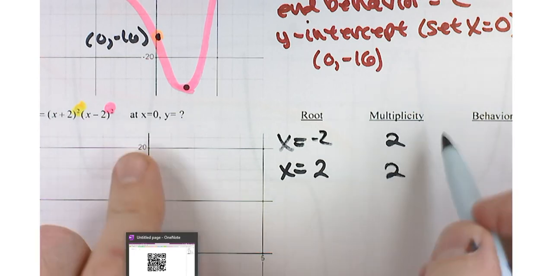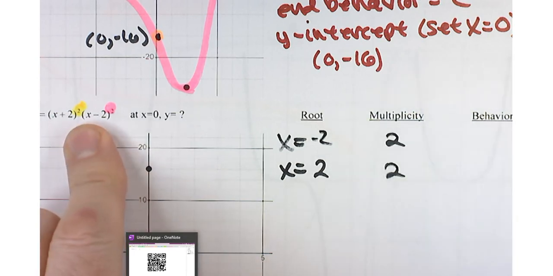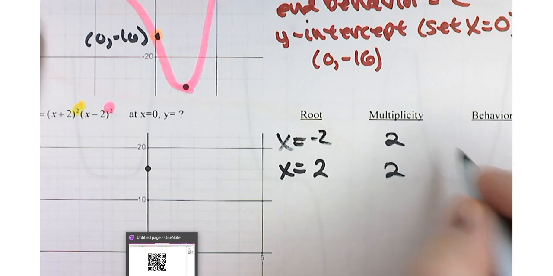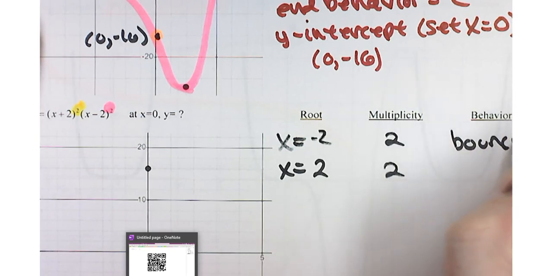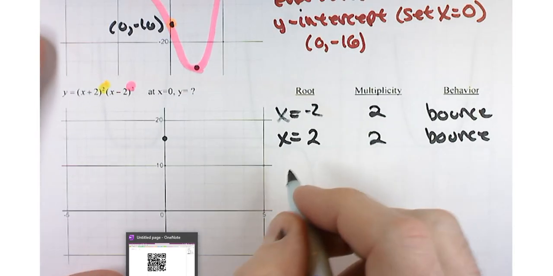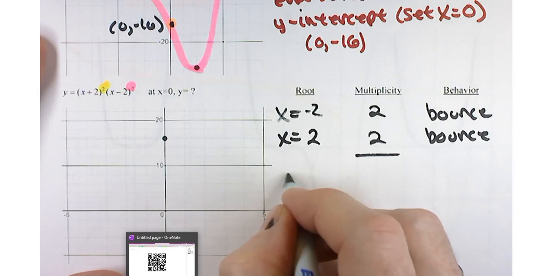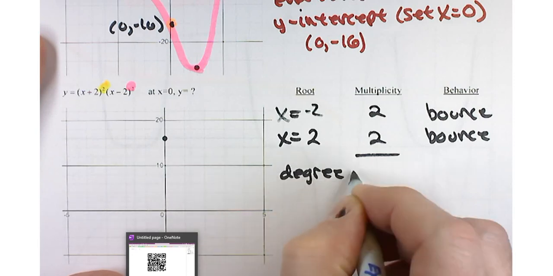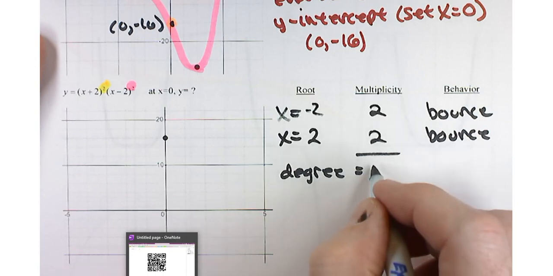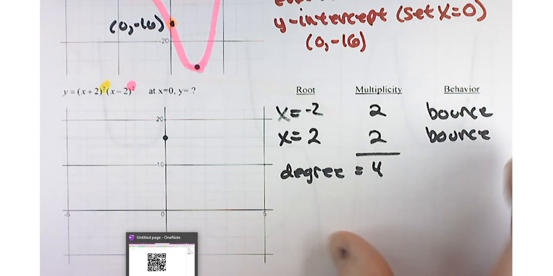What kind of behavior do you expect when you have a root with a multiplicity of 2? A bounce. And another bounce. So bounce for both of those. Let's do what we did with the last one. First of all, determine the degree. Amber, what's our degree here? 4. 4, nice. So what end behavior does that give us?